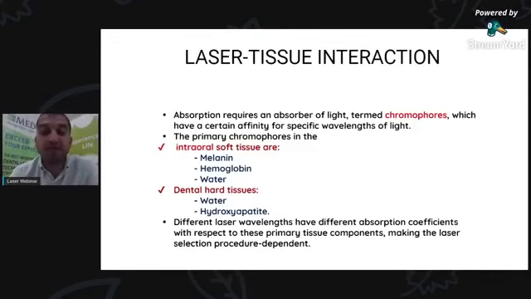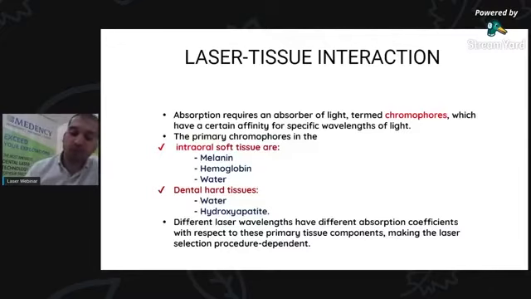It's like the DNA for the laser, this wavelength. Every wavelength has affinity to a specific particle in the tissue called chromophore. If we have this particle, the laser will be absorbed and we have our effect. If we don't have it, it will be useless or won't make the effect we want.